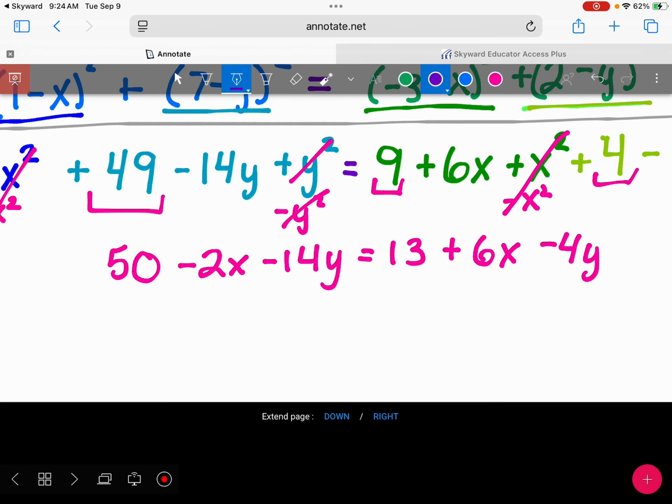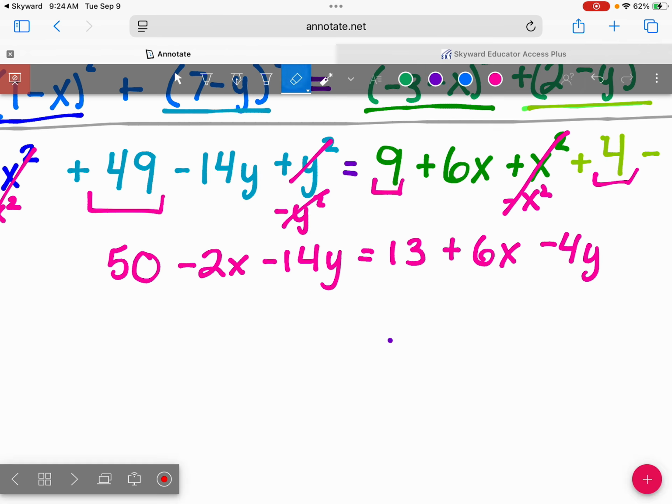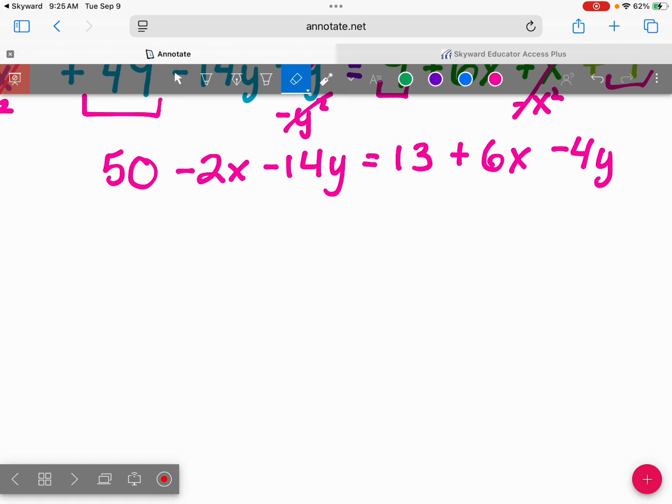I'm going to do this just so I can get a little more space here. There we go. What can I do now? Or what do we choose to do now? Lots of options on what to do. Subtract 13. Let's get our constants together. Minus 13.